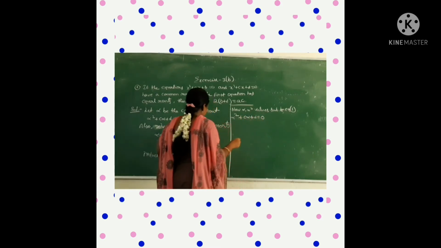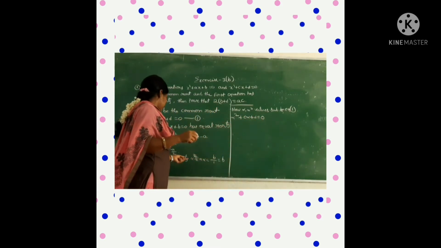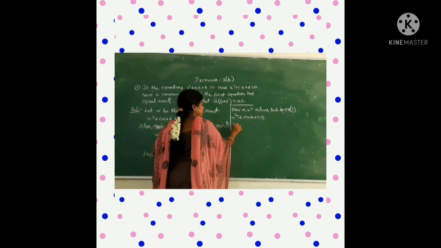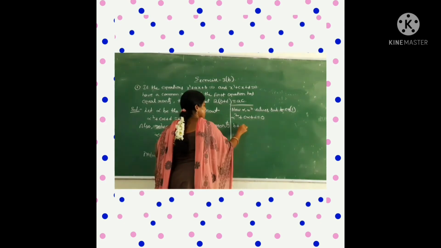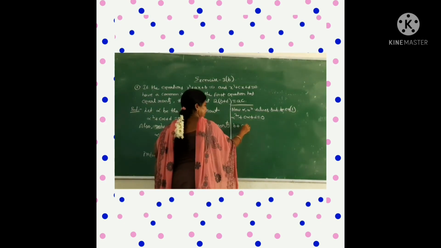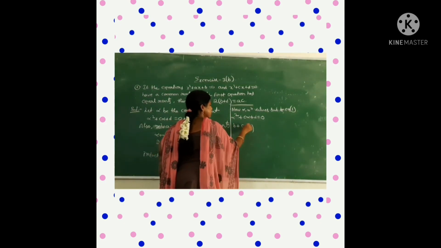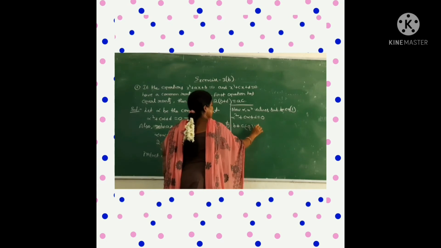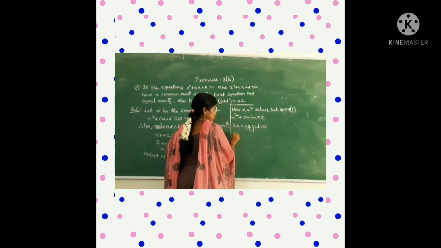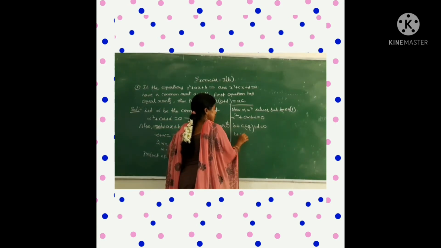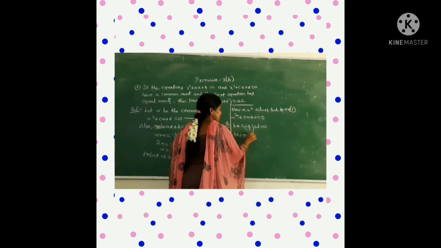Alpha square means we get b, plus c and alpha. C alpha means minus a by 2, plus d is equal to 0. Okay, see here, b plus d here, minus AC by 2 is equal to 0.